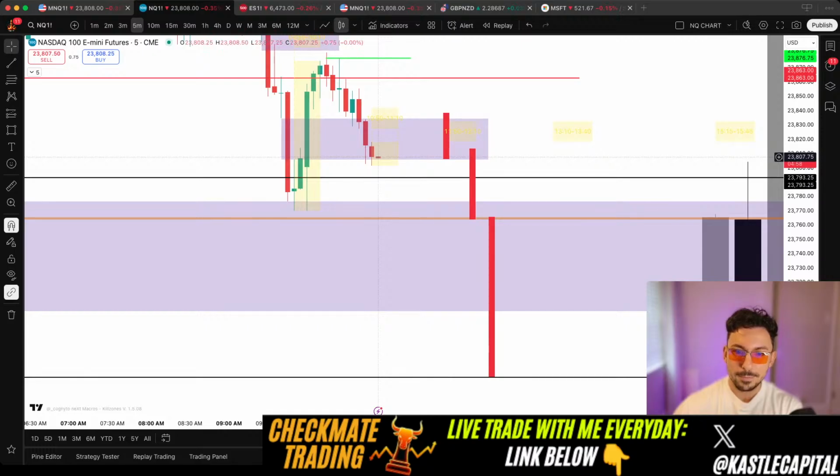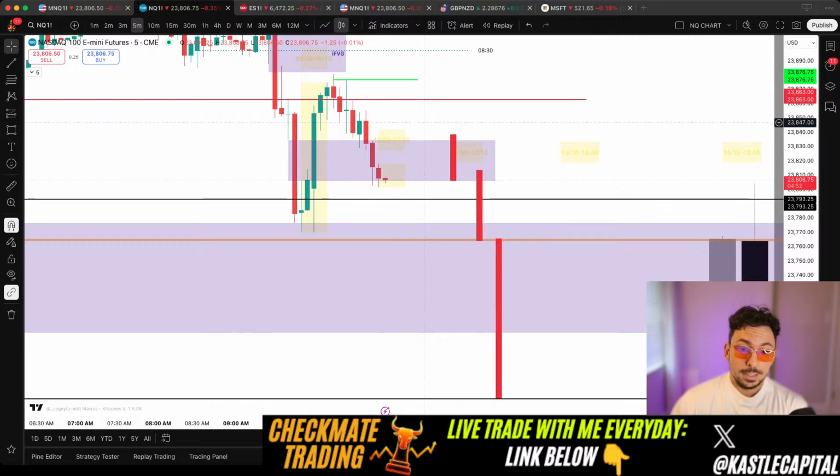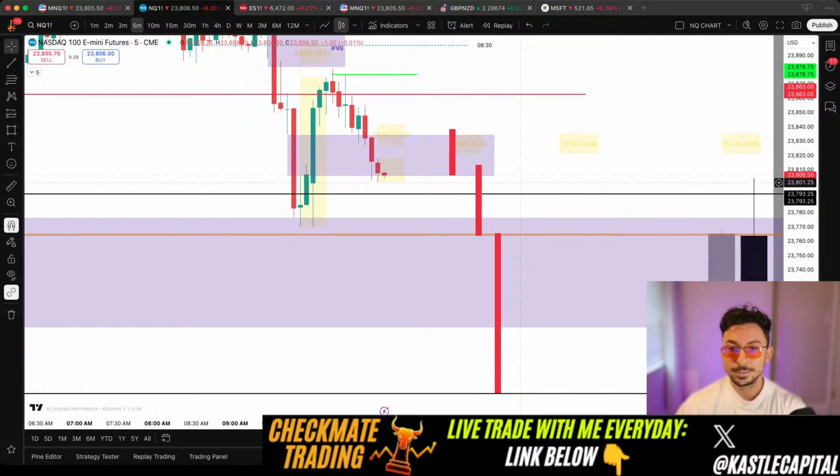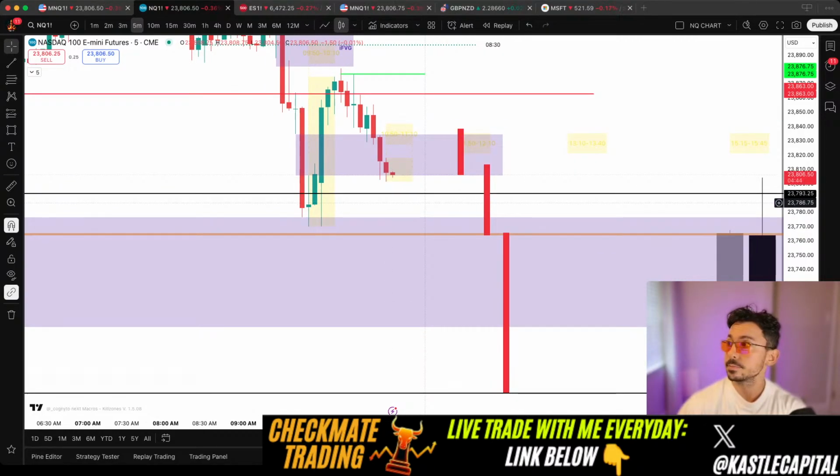So this 5-minute candle, again, gun to my head, this is going to be a huge candle. And we'll see if it is. I want to see big movement to the downside and no chance to enter this short. We're also in the heart of the macro time, which started 5 minutes ago.